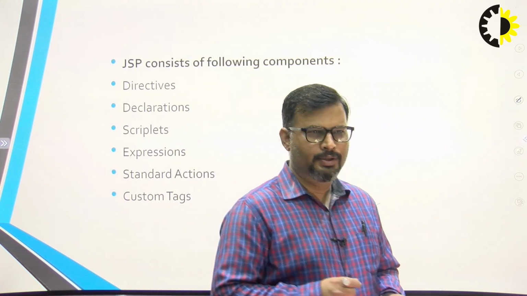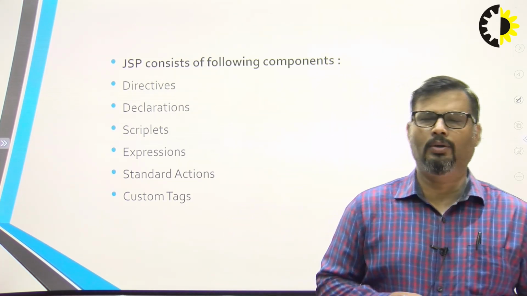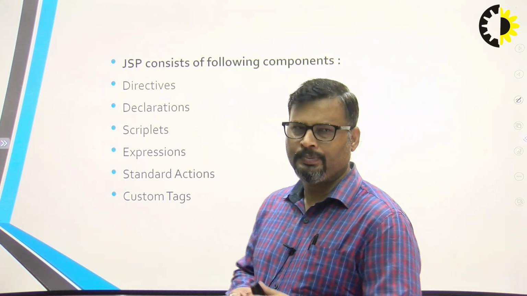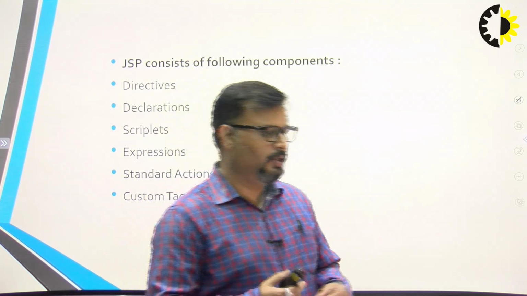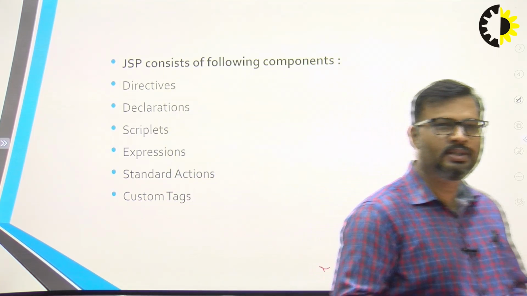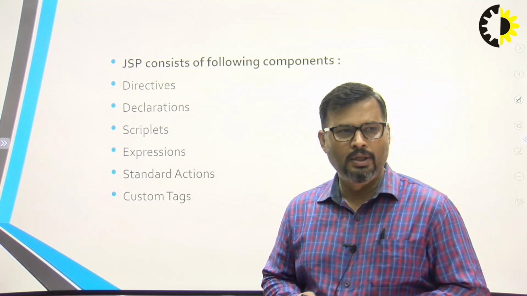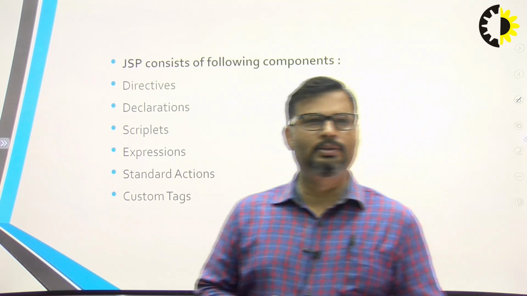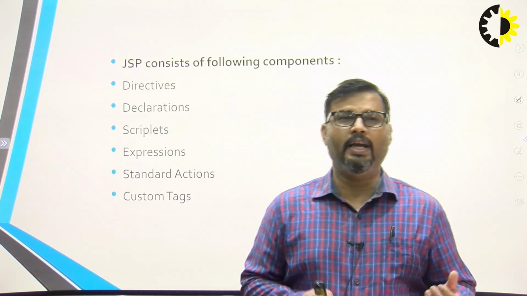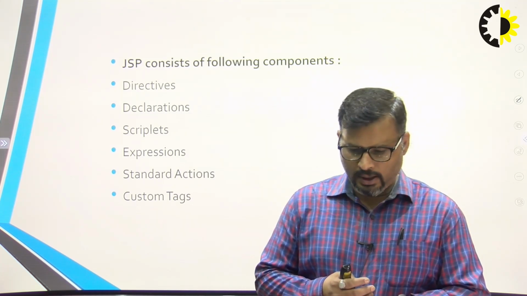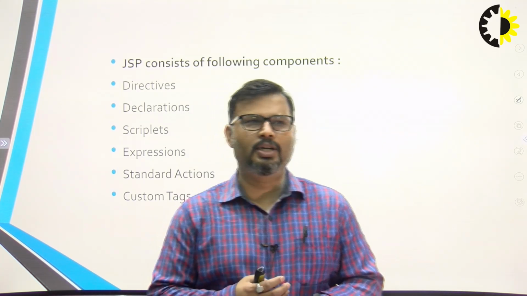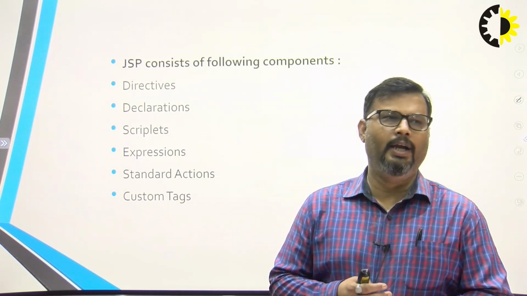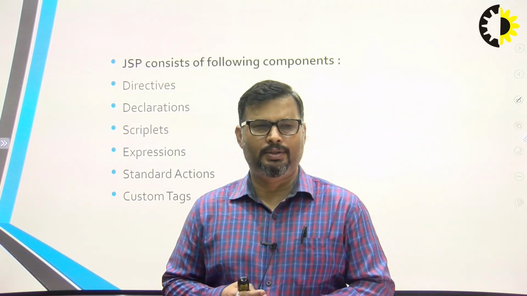So, JSP consists of the following types of components. First is a directive, second is a declaration, third is a scriptlet, fourth is an expression, fifth is a standard action, and then custom tags.